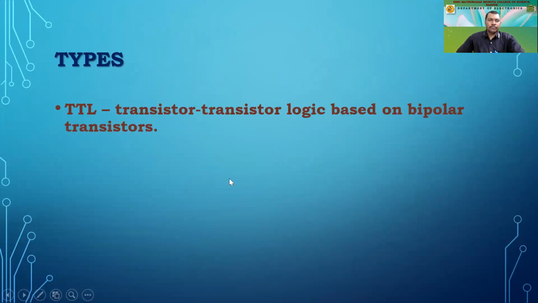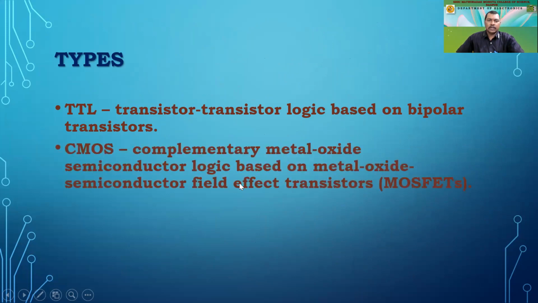These are some types of logic families that we have. TTL, transistor-transistor logic, based on bipolar transistors, which we have already completed. Then we have CMOS, that is complementary metal oxide semiconductor logic, based on metal oxide semiconductor field effect transistors, called MOSFETs, right?